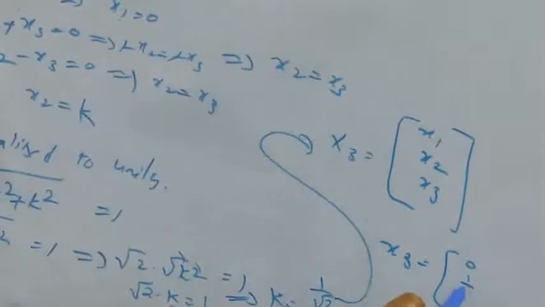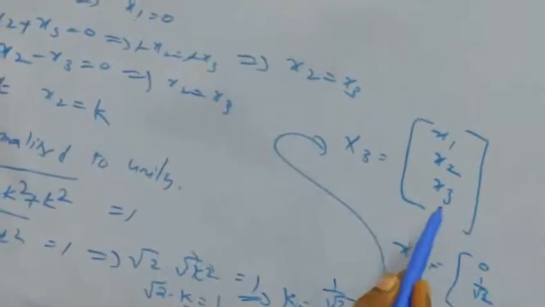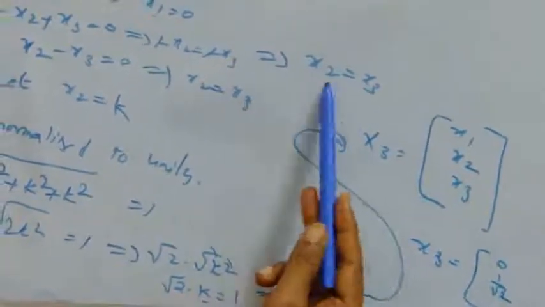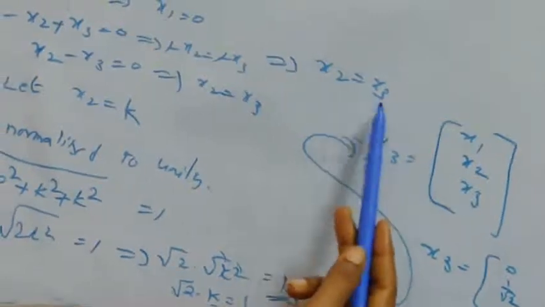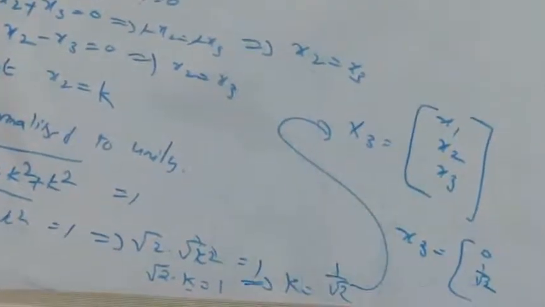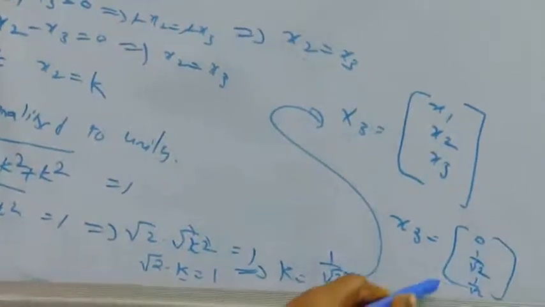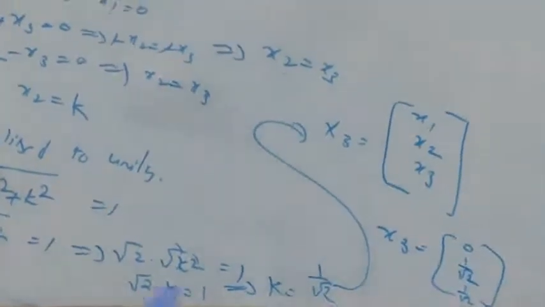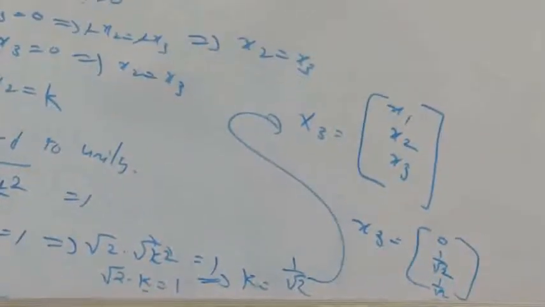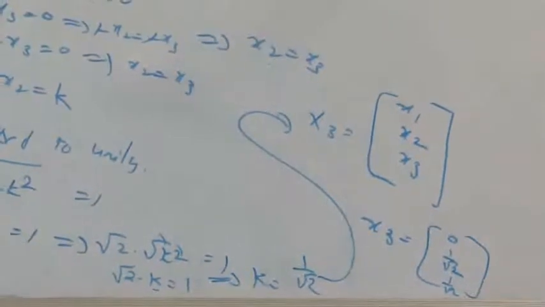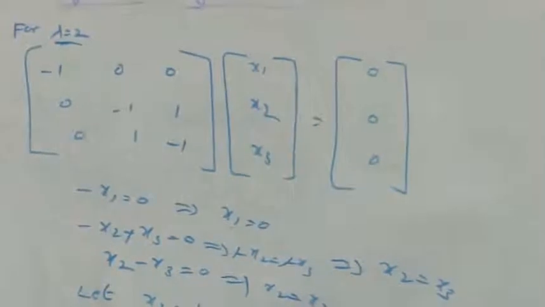What is k value we got? 1 by root 2. Similarly, x2 is equal to x3, so the values of both x2 and x3 are same. So for x3 also 1 by root 2. So this x3 is equal to 0, 1 by root 2, 1 by root 2, which represents the exact eigenvector for the eigenvalue lambda is equal to 2.